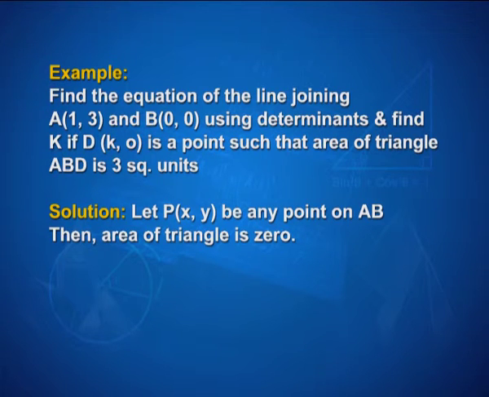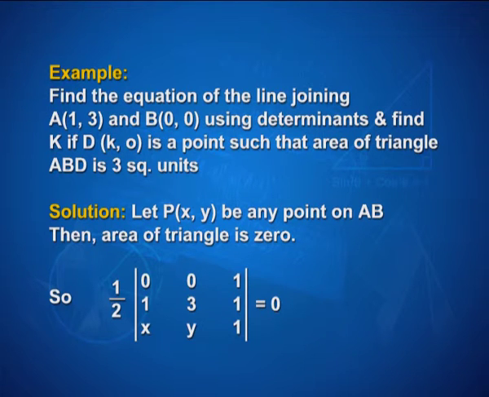For the solution, let P x y be any point on AB, then area of triangle is 0, because if the points are collinear, the area has to be 0. Therefore, half of determinant 0, 0, 1, 1, 3, 1, x, y, 1 is equal to 0.